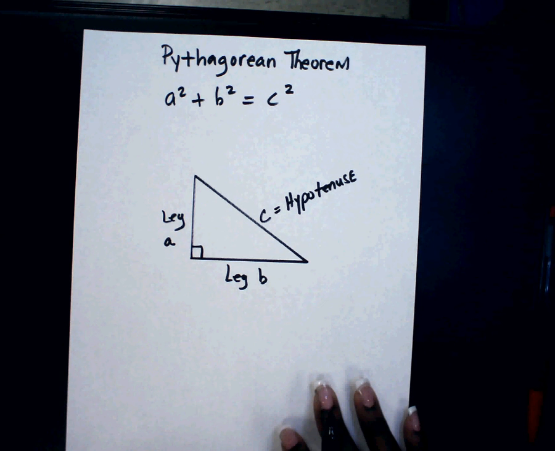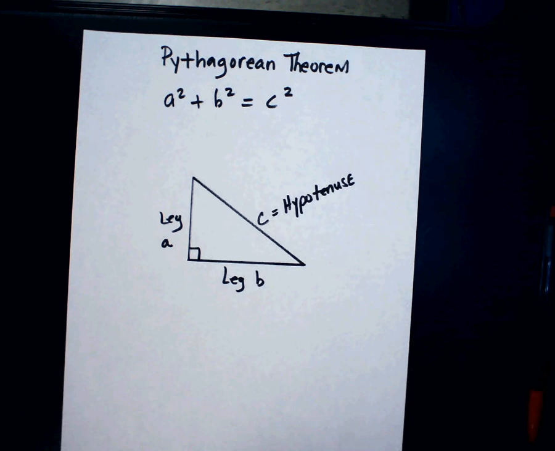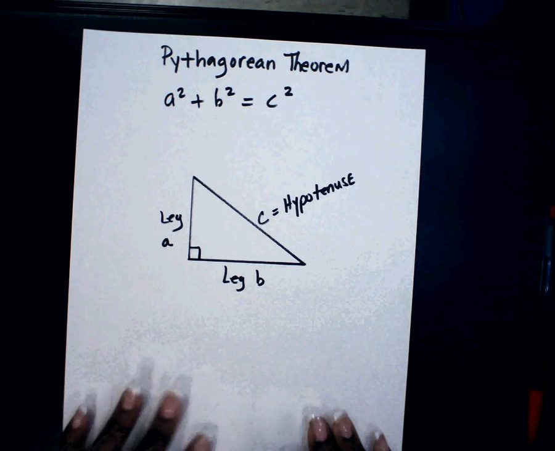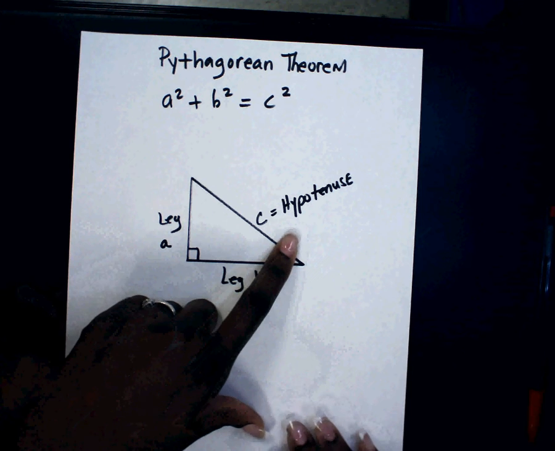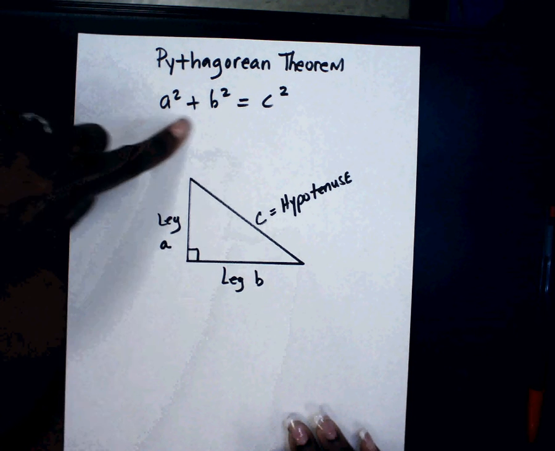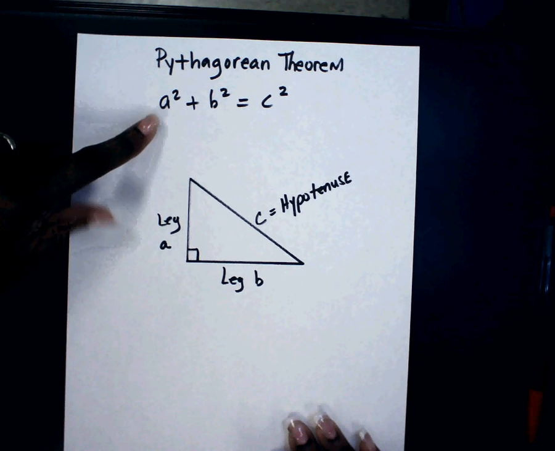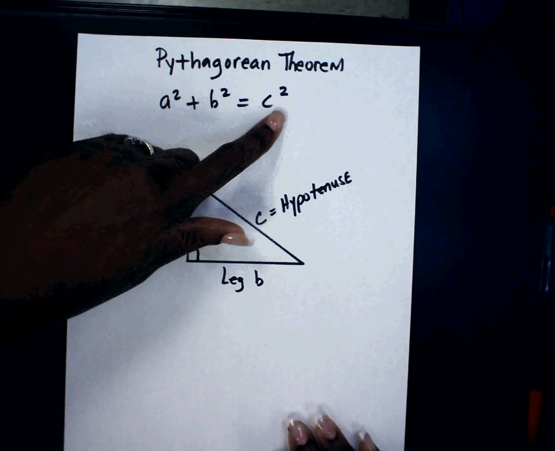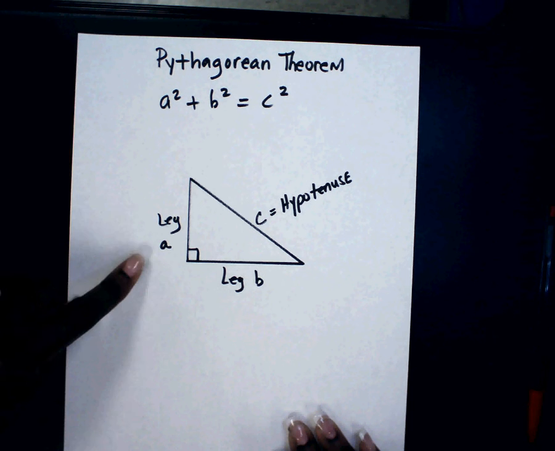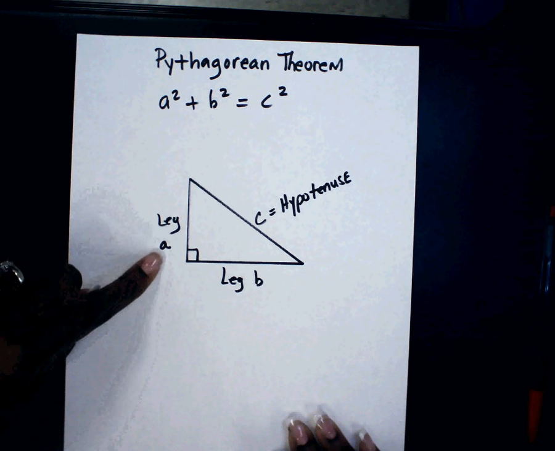Okay, so now let's look at the relationship between my 2 legs and the hypotenuse. So if we look at the formula for the Pythagorean theorem, we see that we have a squared plus b squared equals c squared. In contrast, for our right triangle, we have a, b, and c.